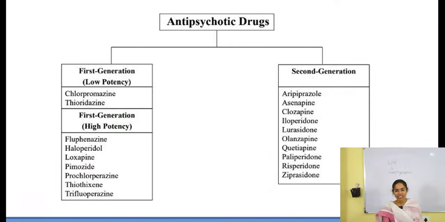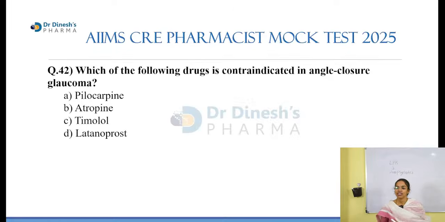Yeah, antipsychotic drugs, atypical and typical antipsychotics. Atypical antipsychotics cause more chances of these extrapyramidal effects. Extrapyramidal symptoms or effects, EPR, are most prominently caused by atypical antipsychotics rather than typical antipsychotics. Okay, next one, please.